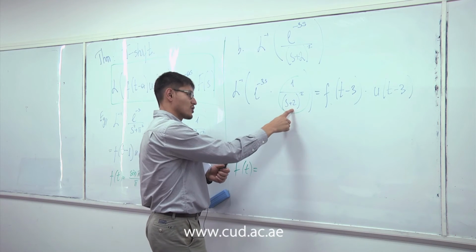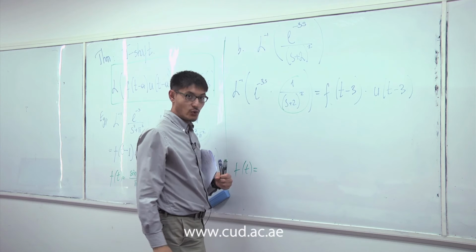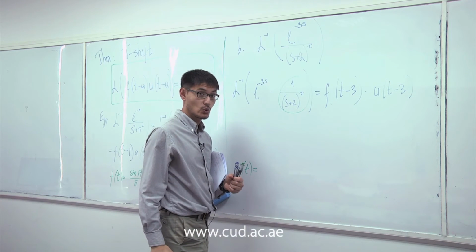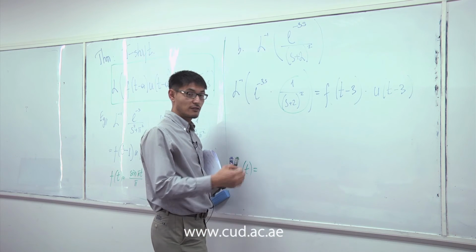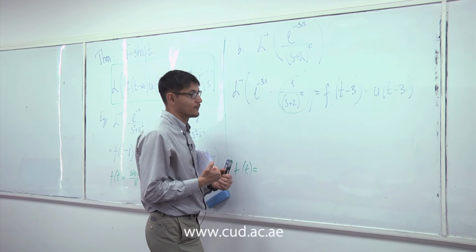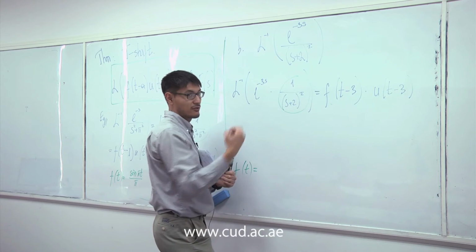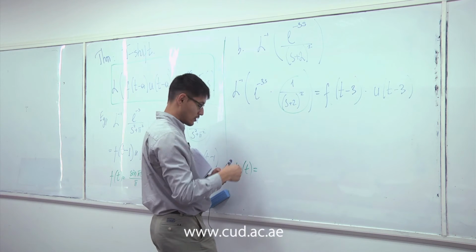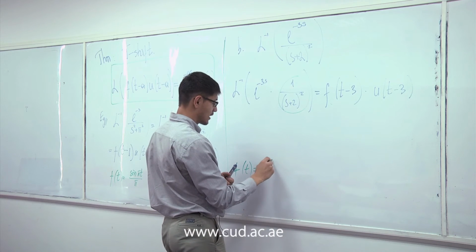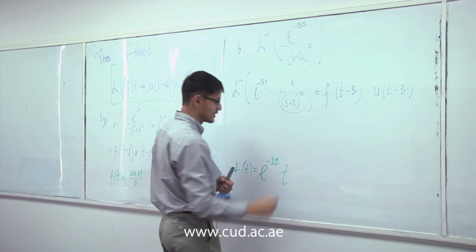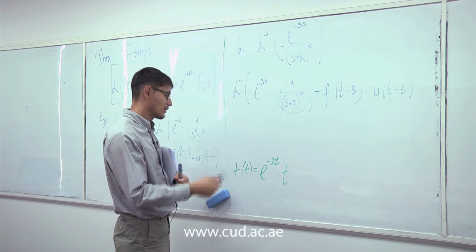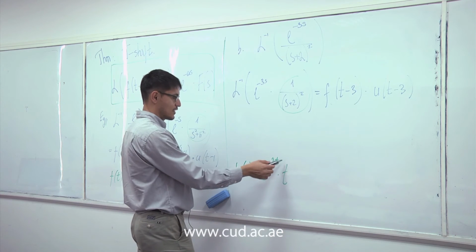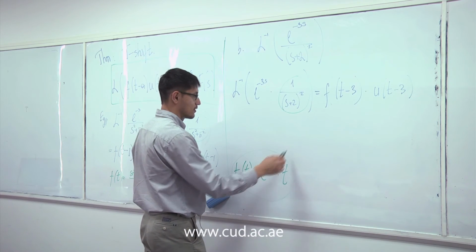Well, this function looks kind of like 1 over s squared, right? But it's shifted by minus 2. So we have to use the s shift formula. So 1 over s squared comes from t. And here, because it's shifted by minus 2, we're going to get e to the minus 2t times t. Okay, so go back to the other lecture and review the s shifts. So we use s shift to find this inverse transform.